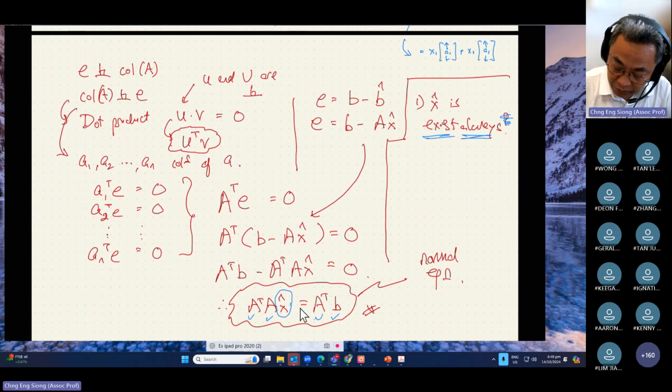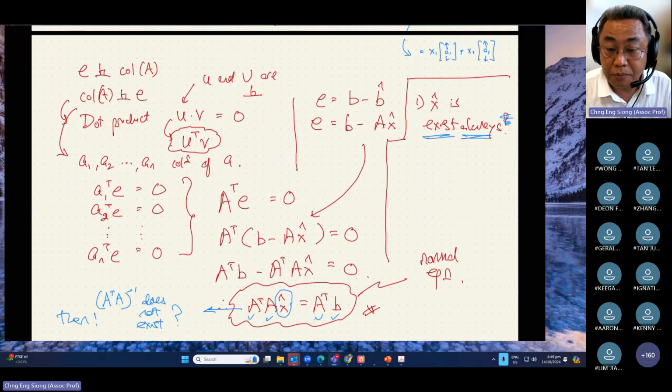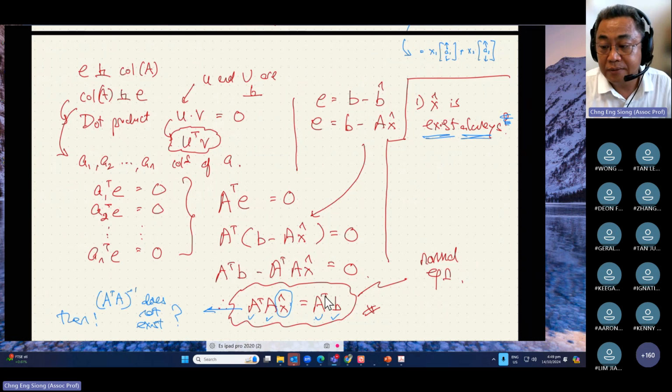And then some of y'all will be wondering, if A transpose A inverse does not exist, then what happened? All right, we'll come to it. So the take-home message is this. We have derived the normal equation from first principle and we come out with an equality.